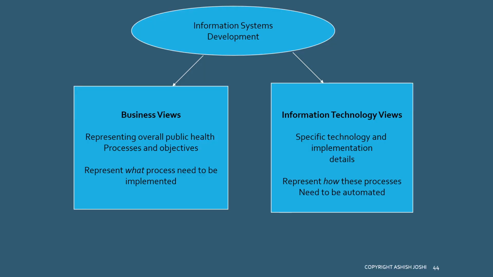Then the information system has to develop the business view and the information technology view, similar to the Zachman framework, bringing those dimensions and representing the overall public health process and objectives in the business view, while the information technology view specifies the technology and the implementation details. The business view represents what, while the information technology view represents how the process needs to be implemented or automated.